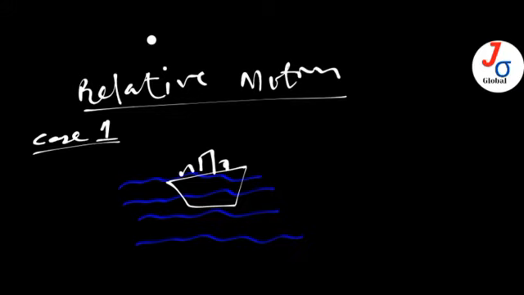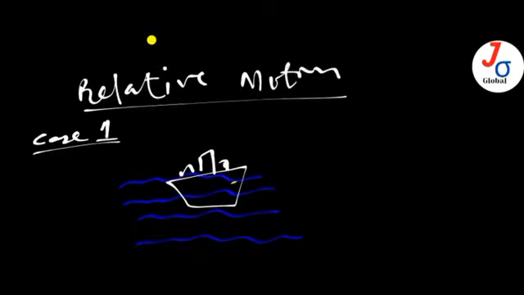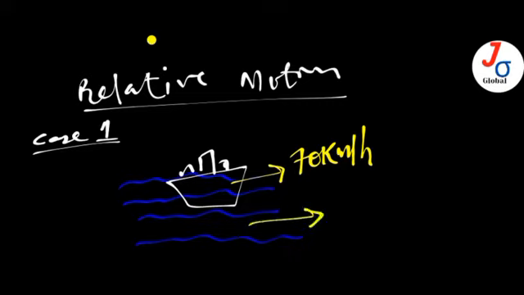The ship is moving with a speed of 70 kilometers per hour. And the river or the ocean is flowing in this direction, and the speed is in this direction as well, let's say 2 kilometers per hour.